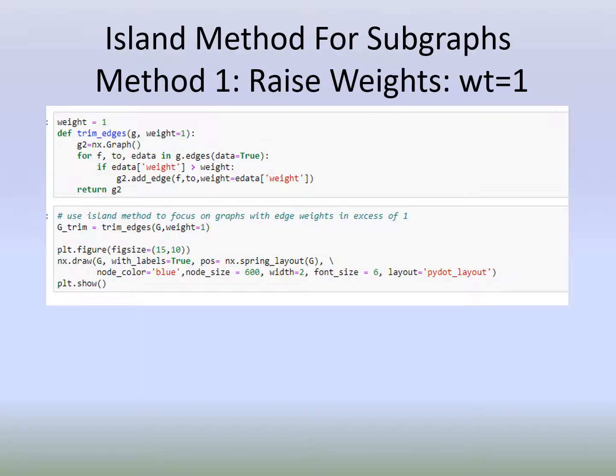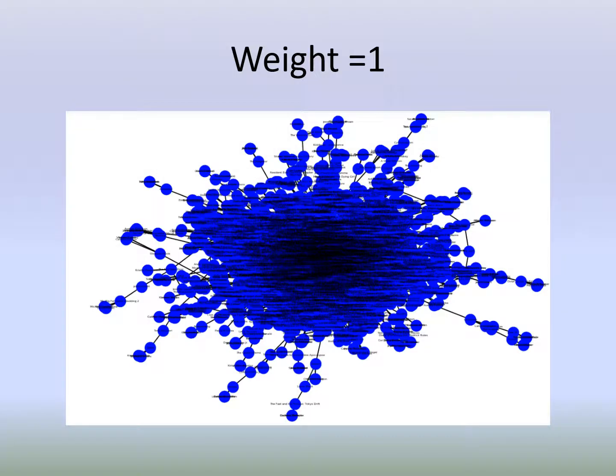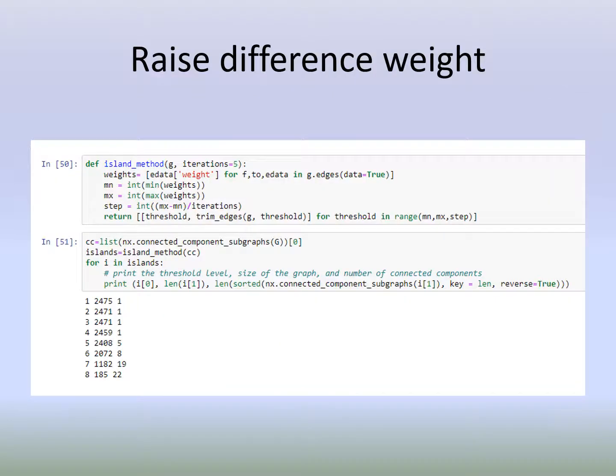This is the second method we try for the island method, and in this method we raise the weight instead of the degree. And first of all, we try to raise the weight equal to 1. Here we see the island we got, and here we use the method to raise the weight according to different levels.